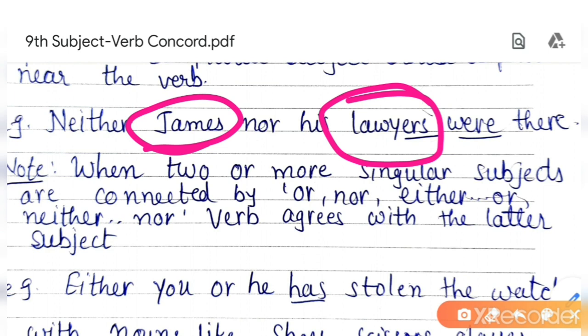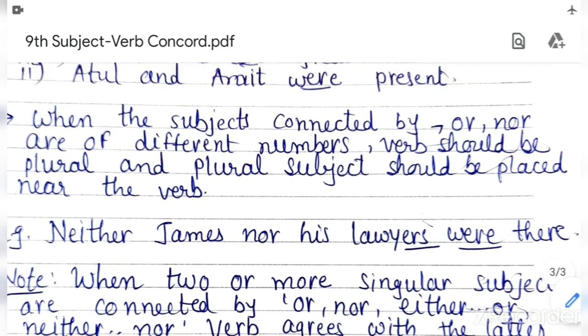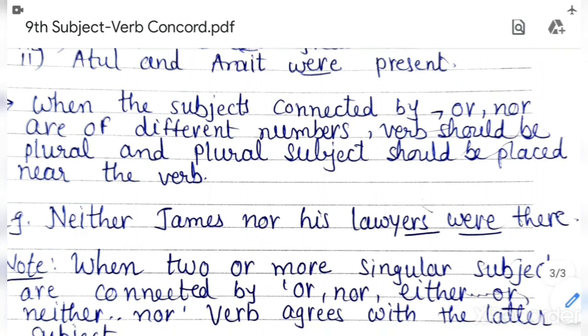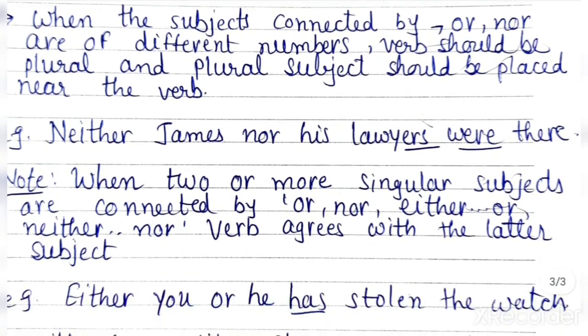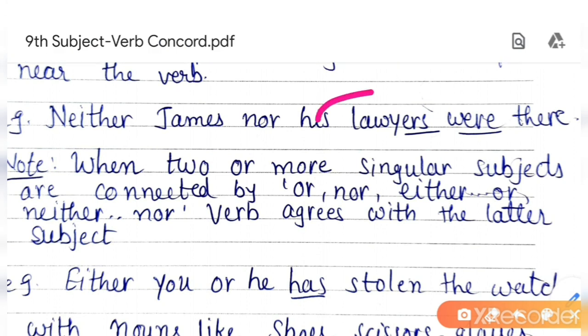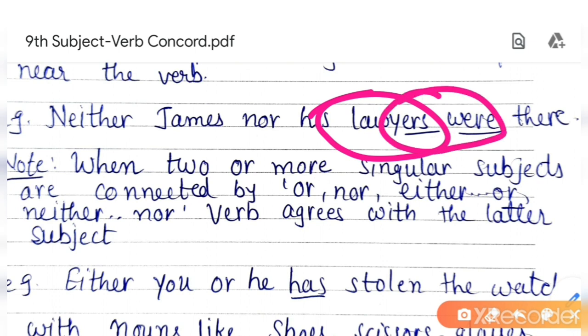Previously I told you that with either or, neither nor, we use a singular verb, but if singular and plural nouns are joined with such words, the plural subject will be placed near the verb and the verb agrees with the plural subject.